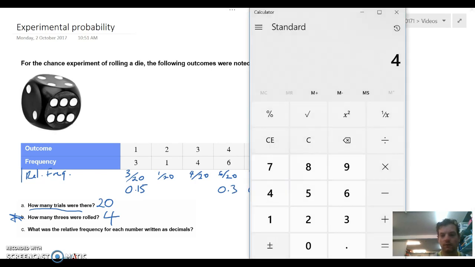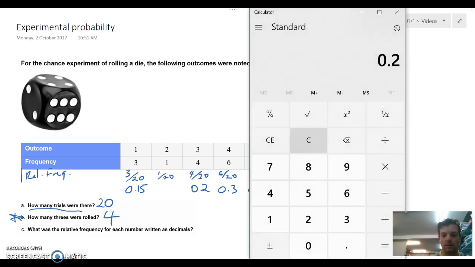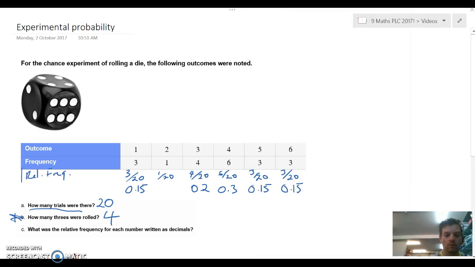And then 4 divided by 20 is 0.2. And then 1 divided by 20 is 0.05. So there is our relative frequency expressed as a decimal.